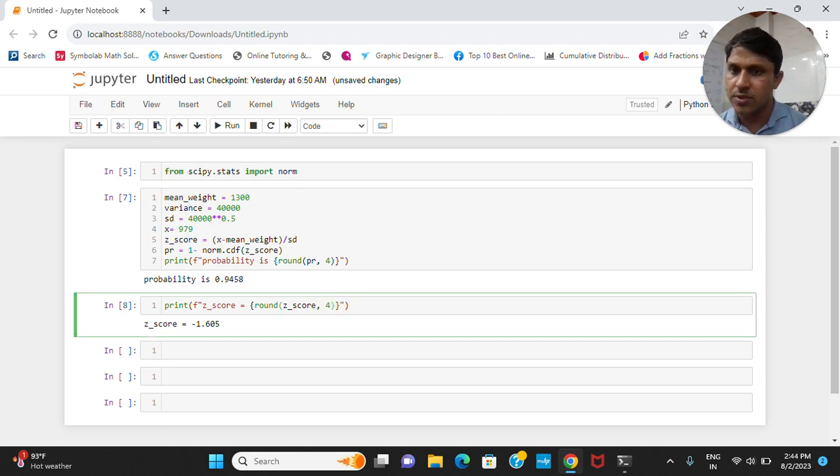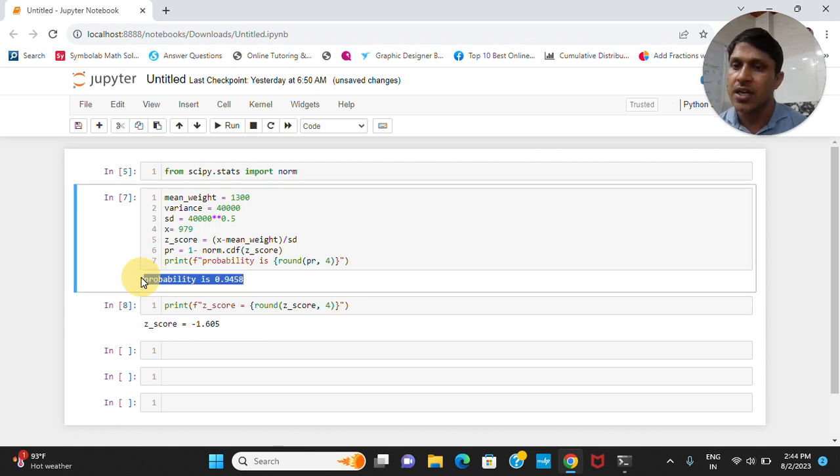Okay, so this is the z-score and this is the probability, and in the PowerPoint you have seen that the probability is nothing but 0.9458.